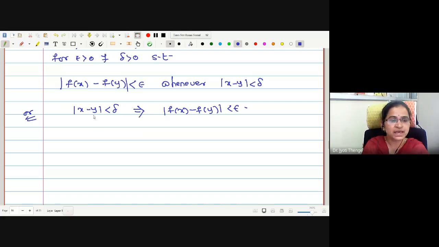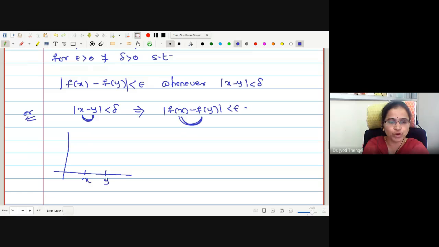Again, one can say that whenever the distance between the two arbitrary points is getting smaller and smaller, less than delta, then the distance between the corresponding f images should be less than epsilon. Correct now? This is what the idea is actually.